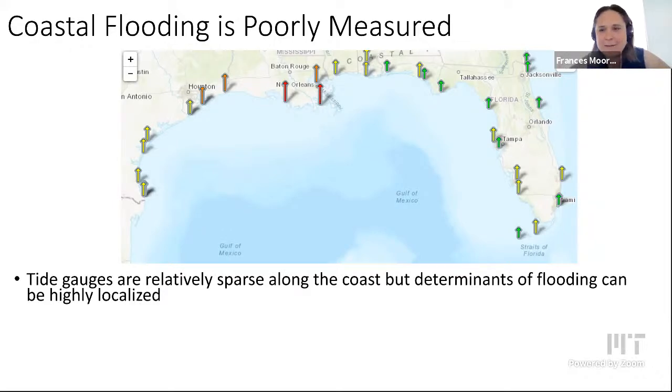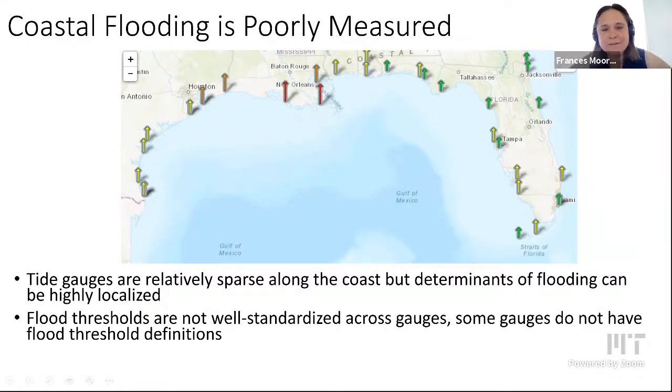So the reason why, well, tide gauges are relatively sparse along the coast, right? Here you're looking at the Gulf Coast and Florida, and where the arrows are is where there are no tide gauges, right? And you can see there are some. So if you're trying to monitor an average rate of sea level rise, you might do okay with these.